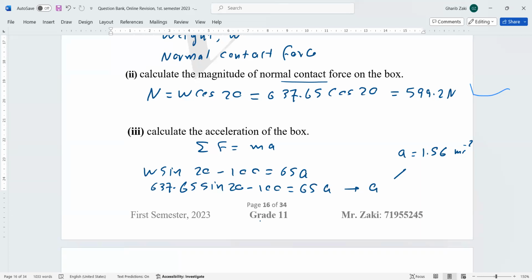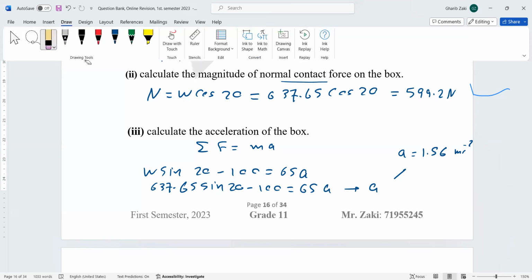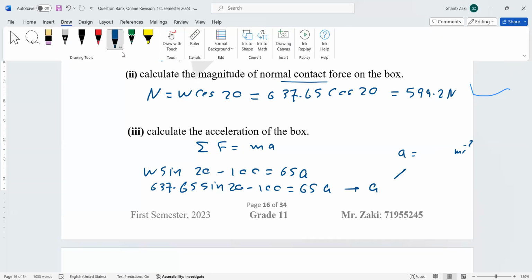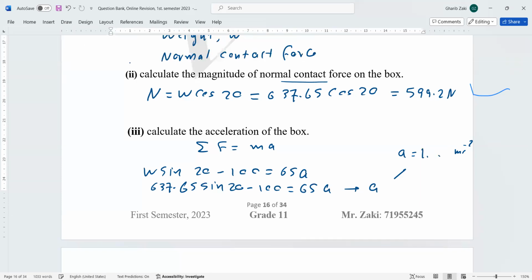So it's 1.8. Here the answer is 1.82 meter per second square. Okay. Thank you.